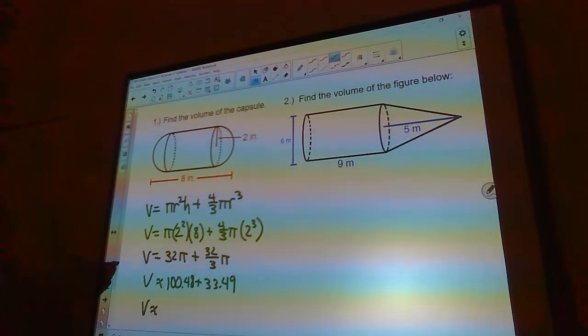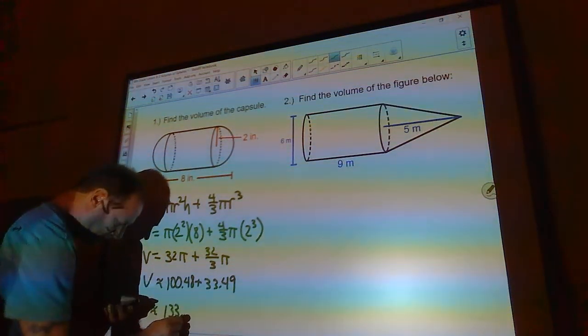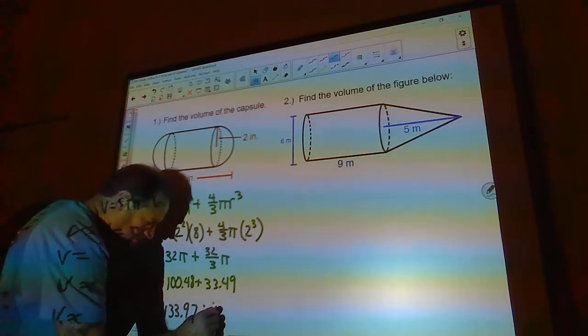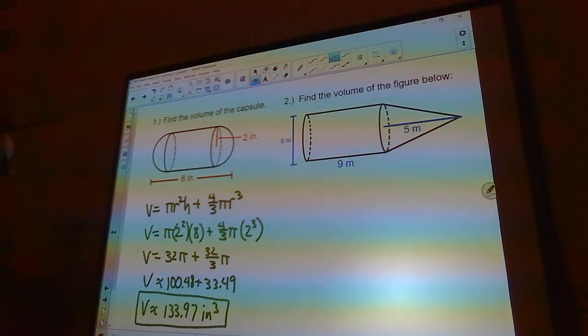And so that's plus 33.49, 133.97, and this is in cubic inches.